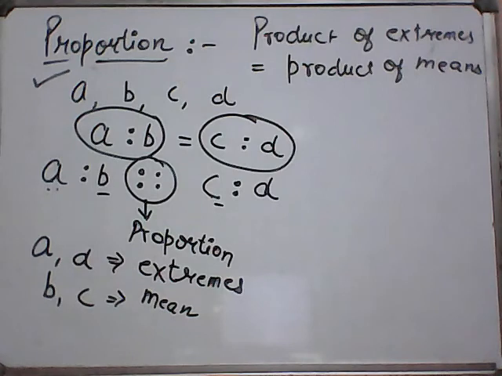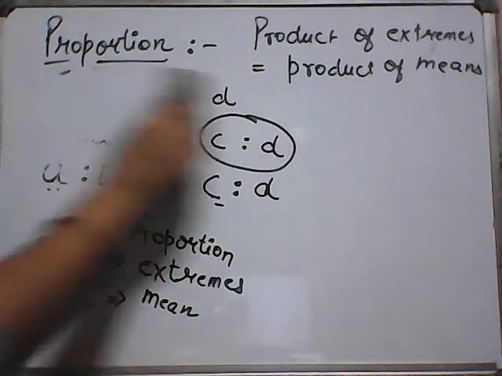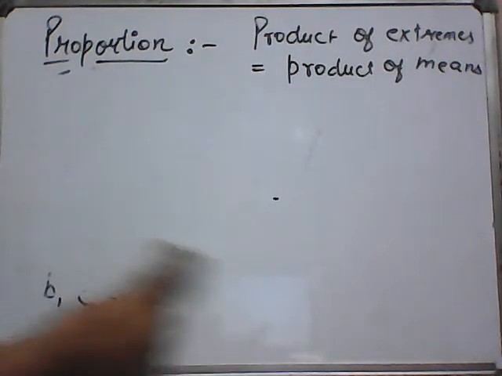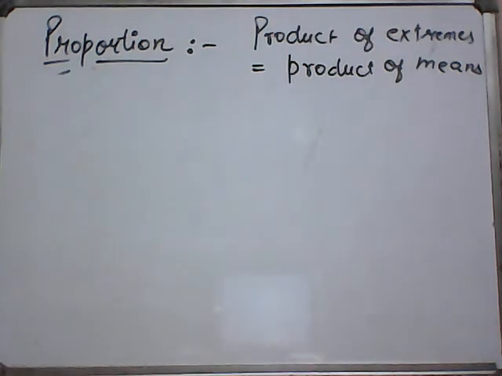For example, suppose you have to find out whether 25, 15, 6 and 5 are in proportion or not.